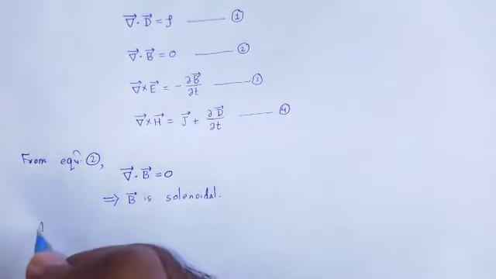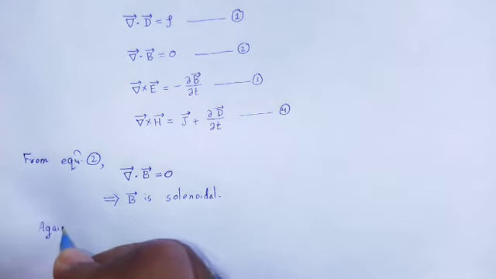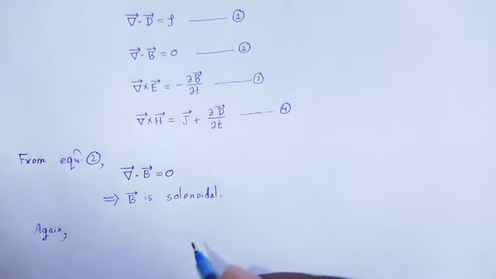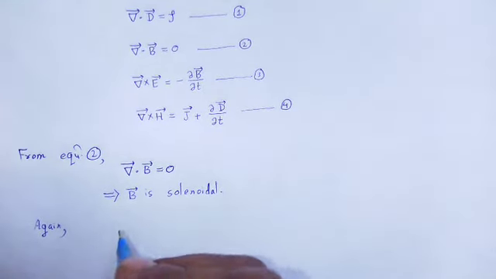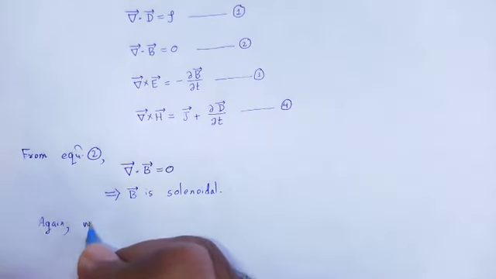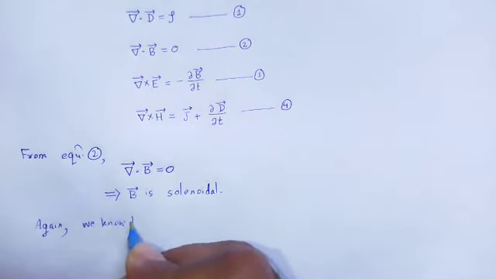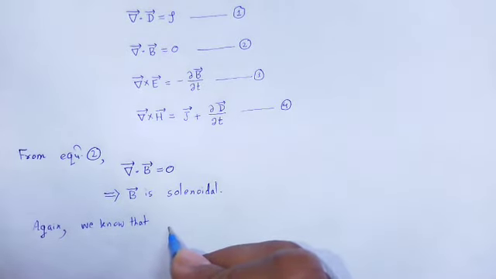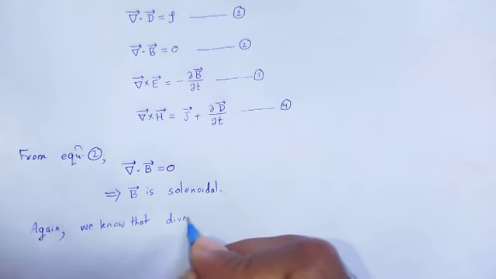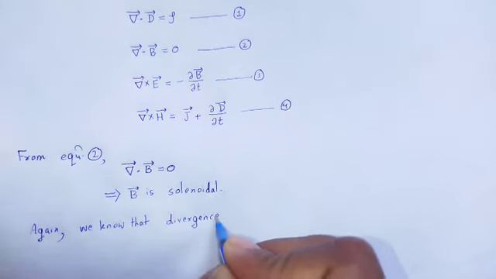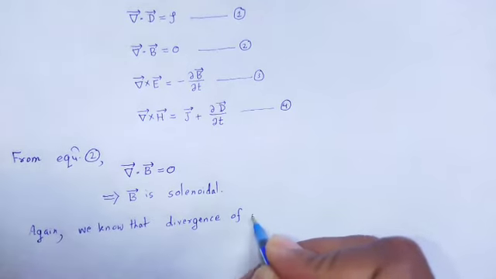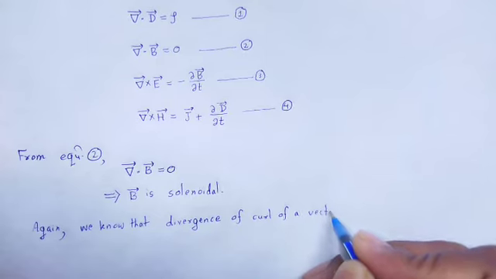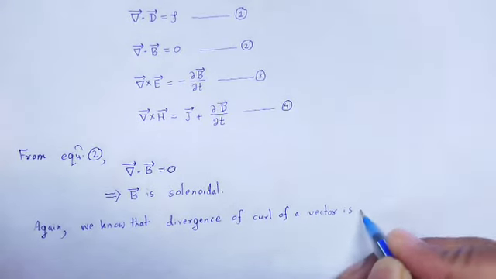Again, we know from the property of vector identity that divergence of curl of a vector is also 0.